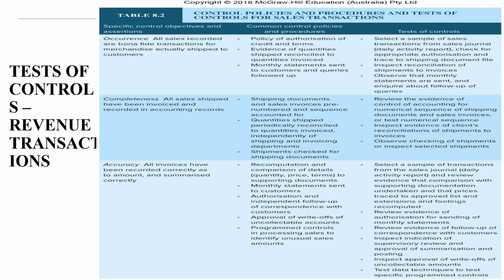If your key control point is about the matching of the details, what you want to do is get a sample and then check that each of the detailed key points are matched with each other. If your key control point is to see if there is a follow-up procedure, what you need to test is the evidence of this kind of follow-up procedure.